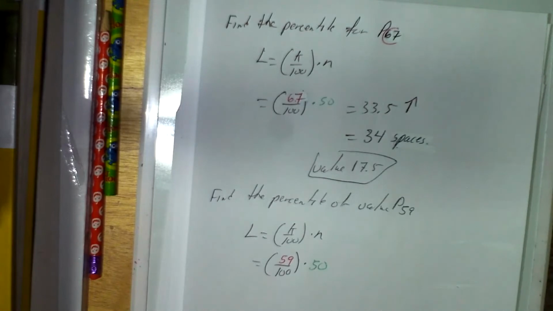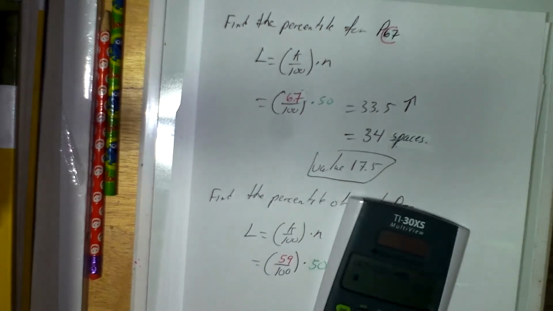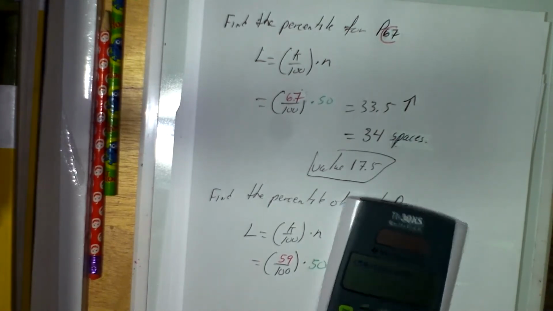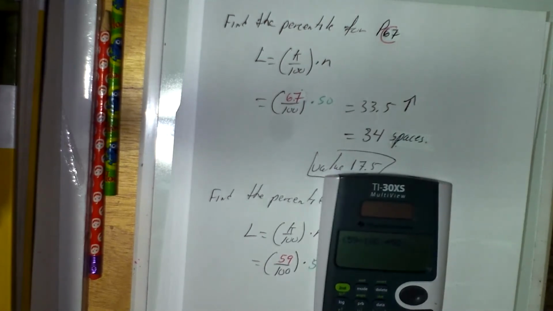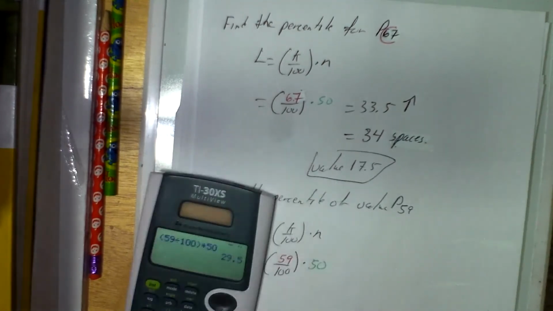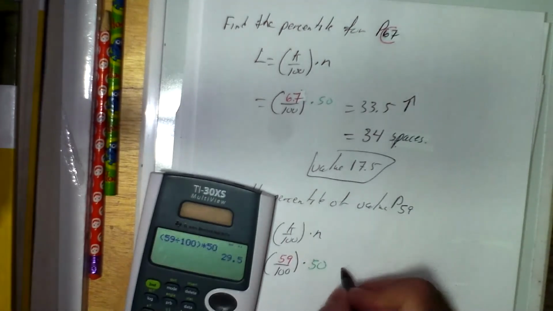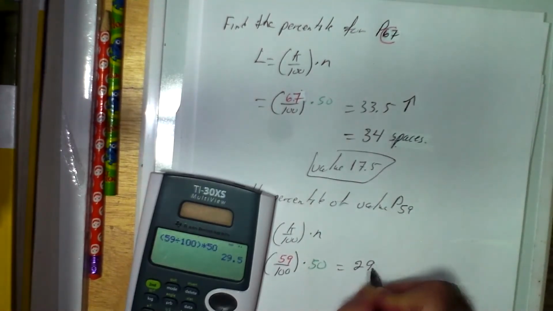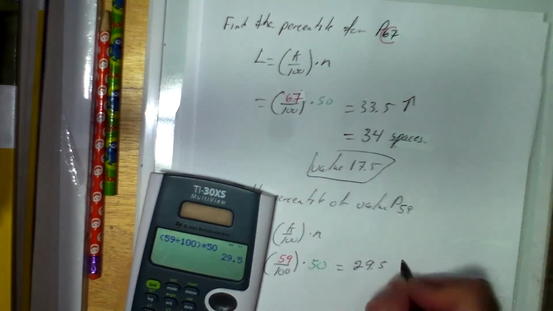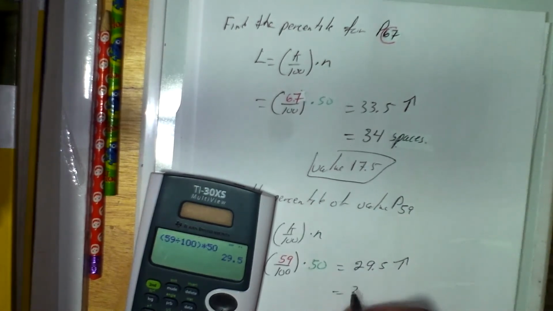I'm going to compute it on my calculator. 59 over 100 times 50 is 29.5. So what do we do when the answer for my L comes out to be a decimal? I have to bump it up, which is 30.